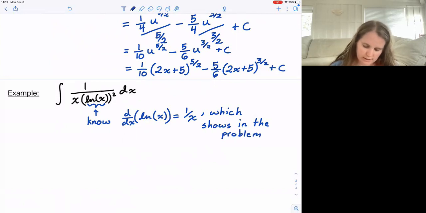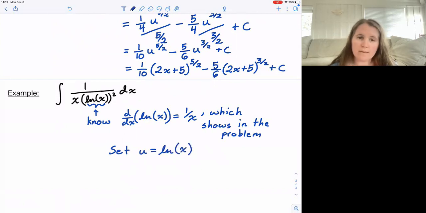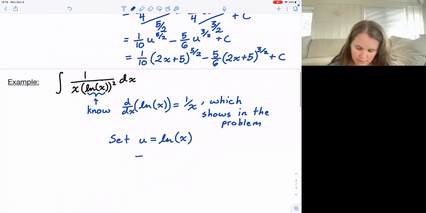So we will go ahead and set u equal to the natural log of x. Then we have du is 1/x dx.